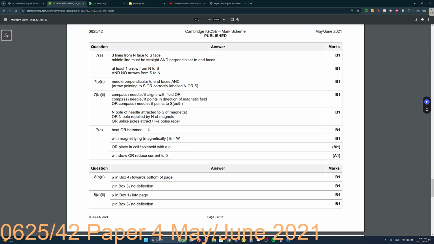Okay. So the compass needle aligns with the field or points in the direction of the magnetic field.